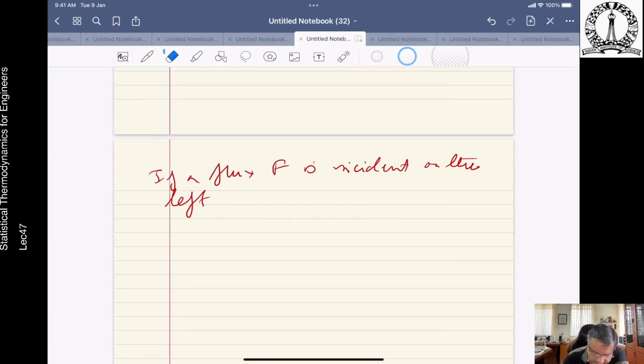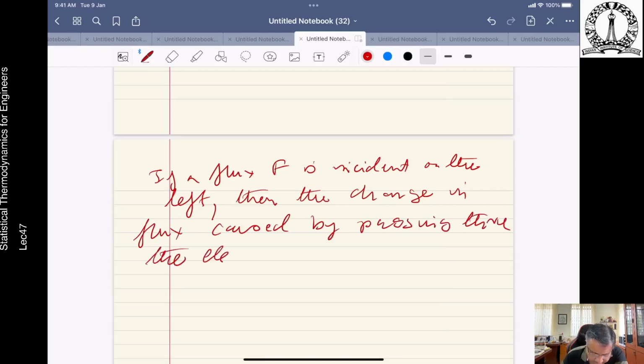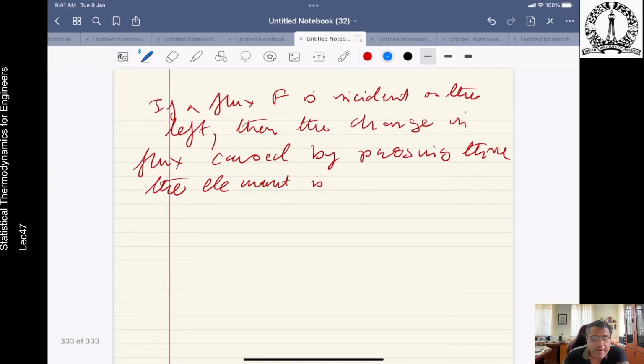Then the change in flux caused by passing through the element is given as dF equal to minus sigma F n naught minus n1 dx.